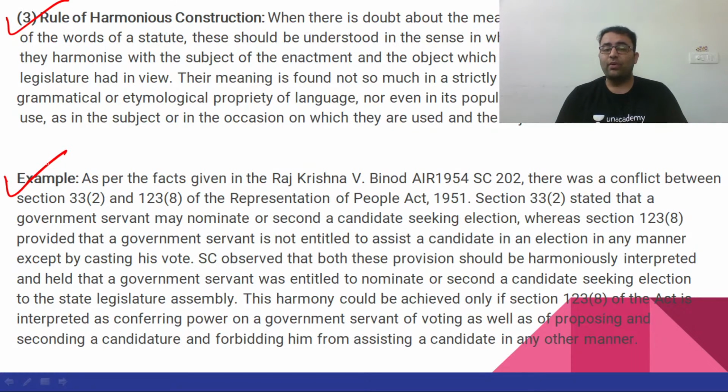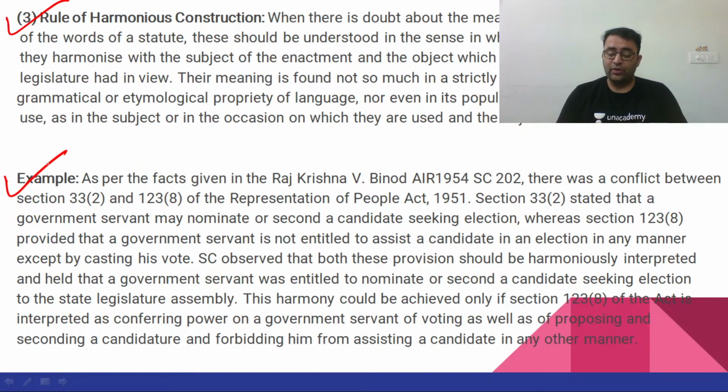The Supreme Court observed that both these provisions should be harmoniously interpreted and held that the government servant was entitled to nominate or second a candidate seeking election to the state legislative assembly. This harmony could be achieved only if Section 123(8) of the Act is interpreted as conferring power on a government servant of voting as well as of proposing and seconding a candidature, and forbidding him from assisting the candidate in any other manner.